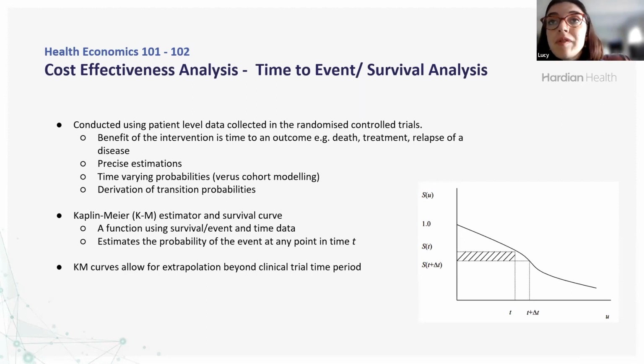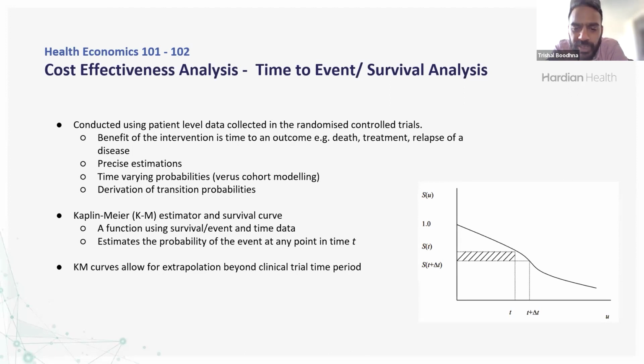And with this curve, it's possible to then extrapolate beyond clinical study time periods, which is obviously beneficial when it comes to predicting the impact of a technology way into the future, for instance, with a 50-year time horizon.